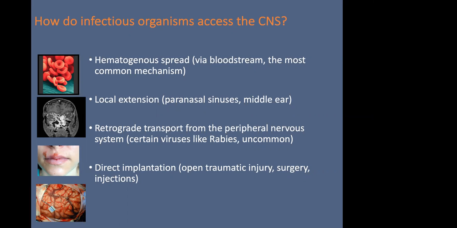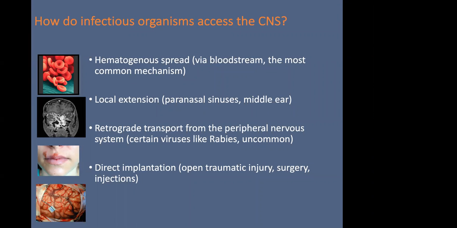Then there is retrograde transport from the peripheral nervous system. Rabies likes it very much, as we are going to see. From the muscle, they jump into the motor neuronal axons and go retrogradely to reach the spinal cord, and from the spinal cord, again retrogradely, they go up to the brain.